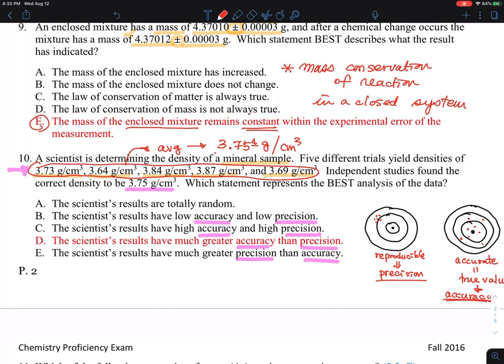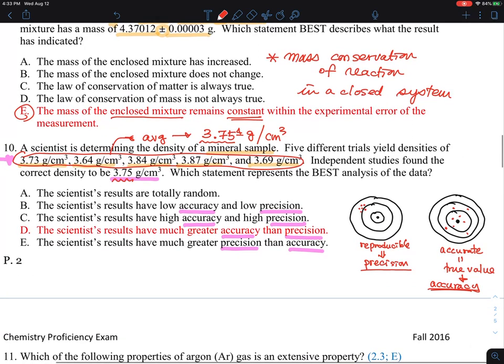At any rate, this average number is the same as the true value. So the measurement average gives you the same number as the true value. But if you look at the actual individual numbers, 3.7, 3.4, 3.8, the numbers are scattered all over the place. So this is more likely this case. This is accurate, but actually not precise, right?